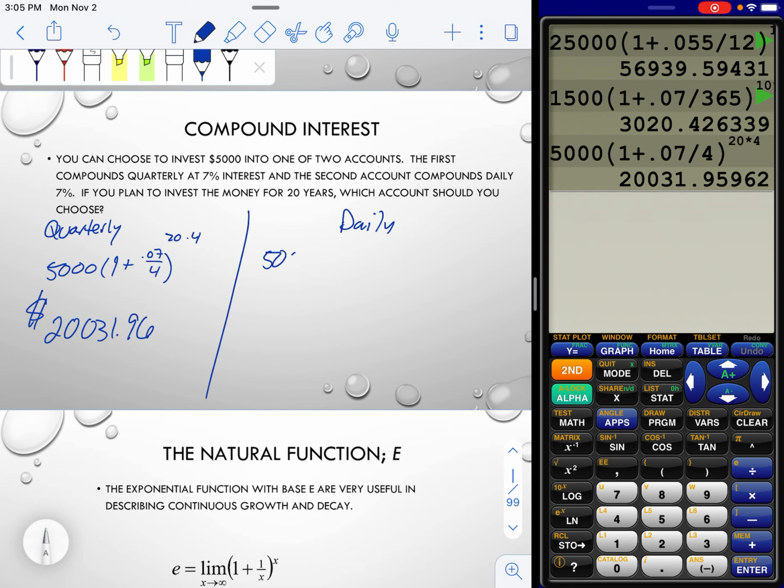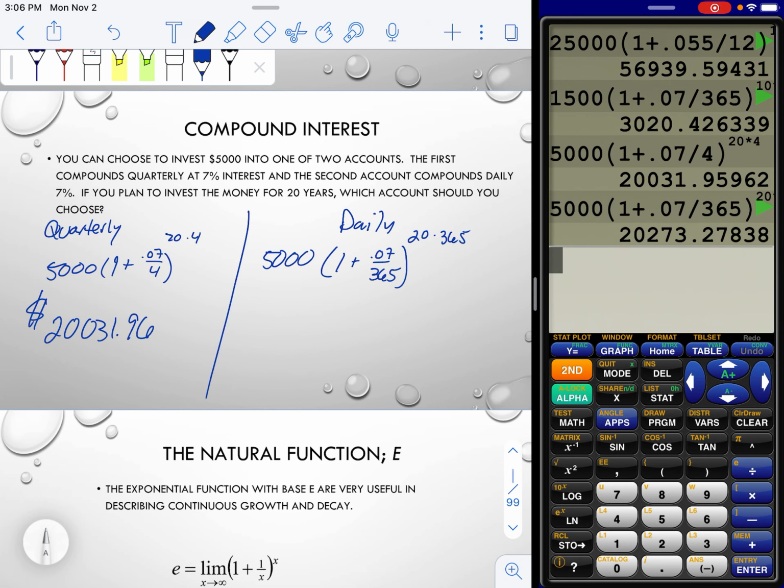If we do it daily, 365 times a year, so we got 20 years times 365 days a year, that is $20,273.27.